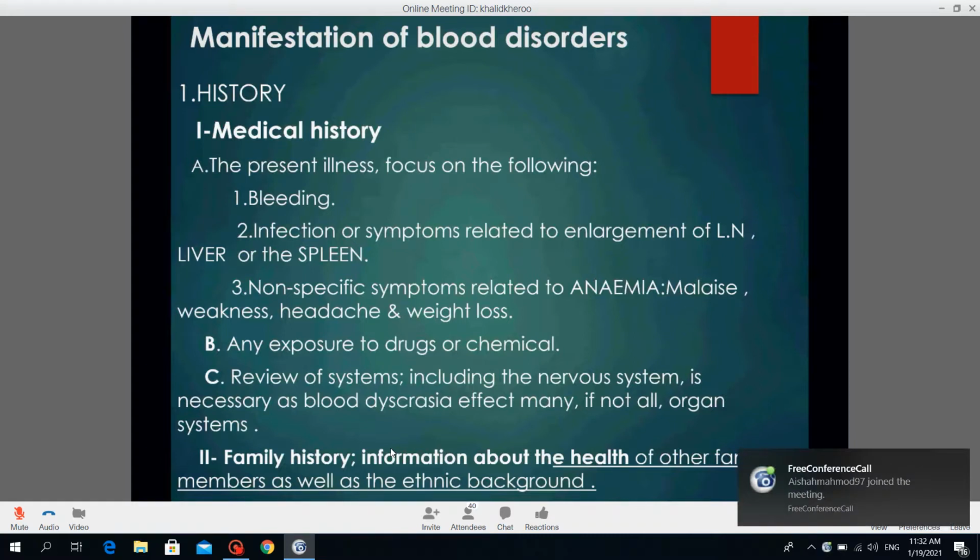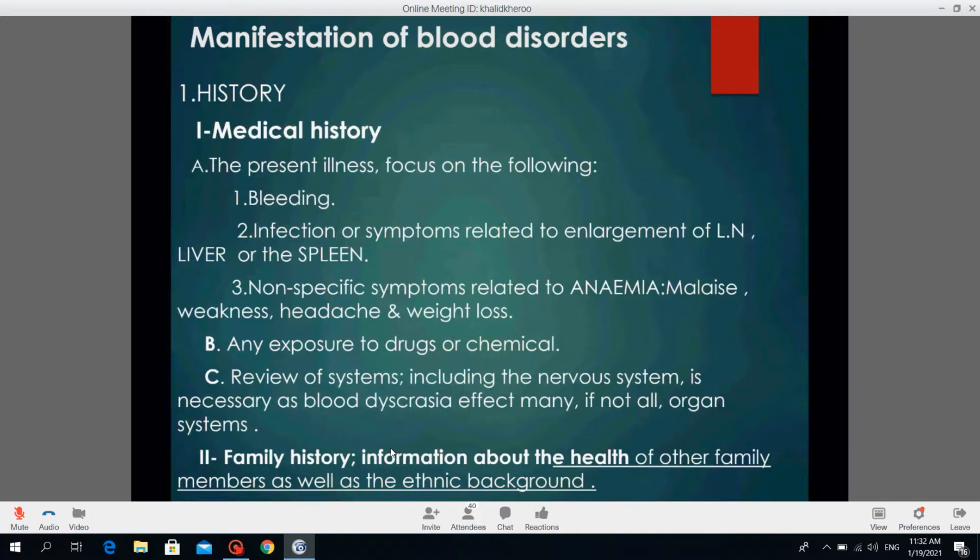count. Symptoms may be related to enlargement of the lymph node. The lymph node could be painless or painful, and when it is rapidly enlarged, there may be pain at the site of the enlargement. These sites could be cervical, axillary, inguinal, or even intra-abdominal lymph nodes.